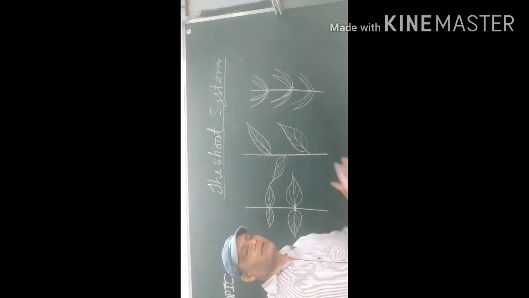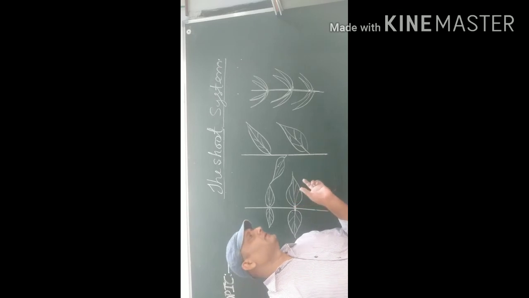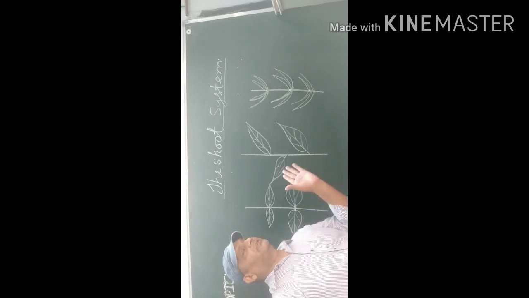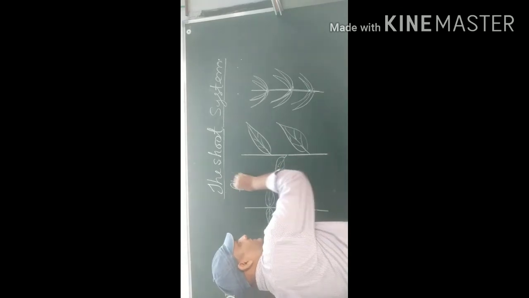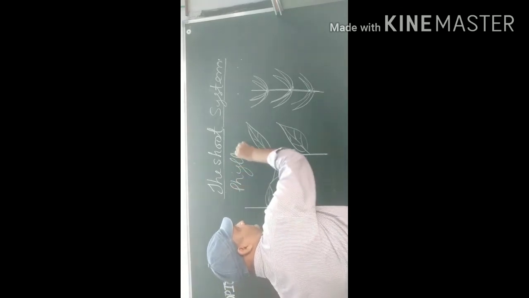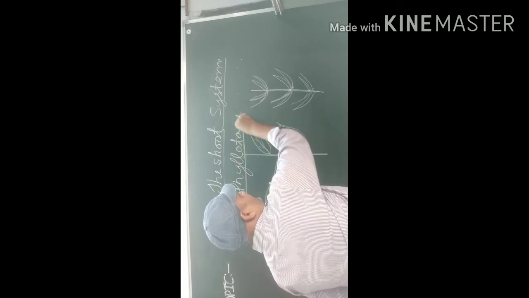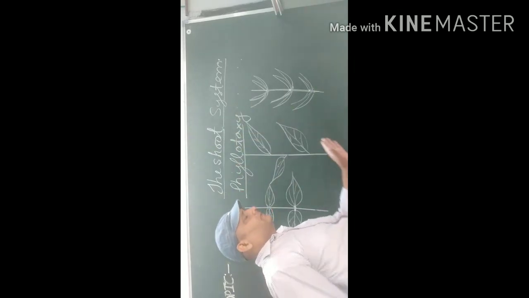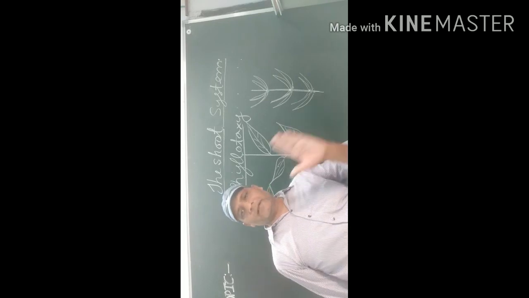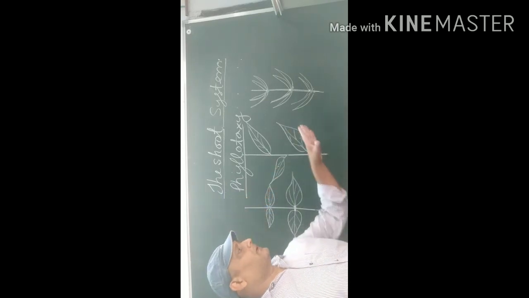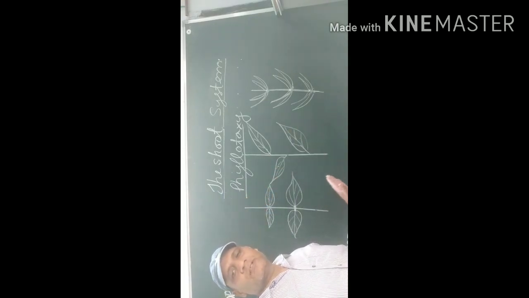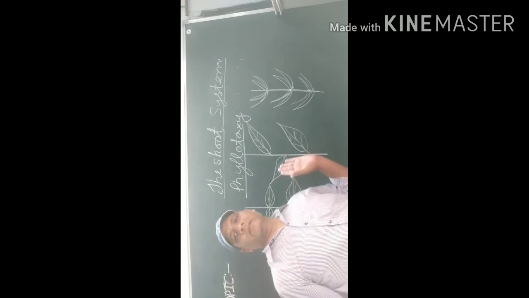So these are the patterns of arrangement of leaves on the stem. The pattern of arrangement of leaves on the stem is known as phyllotaxy.